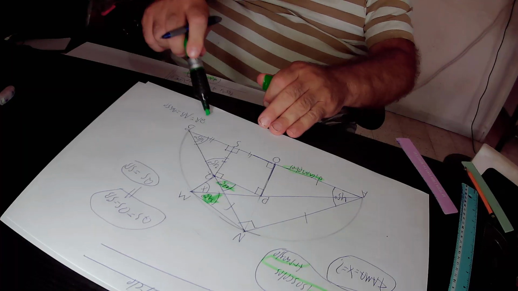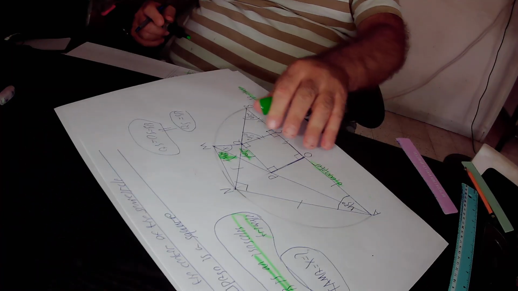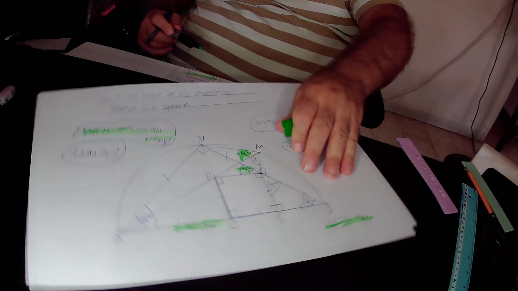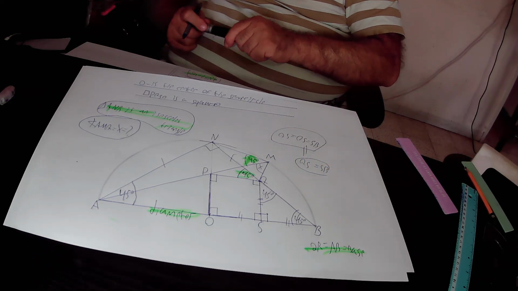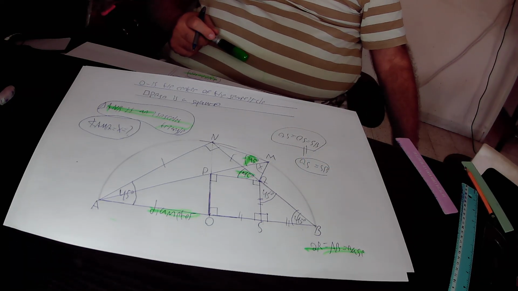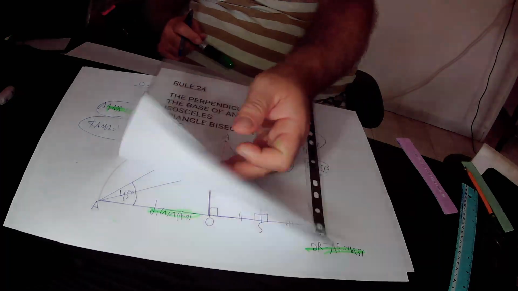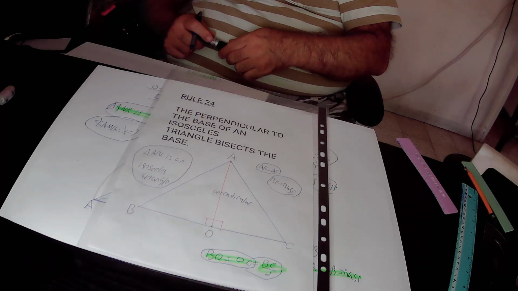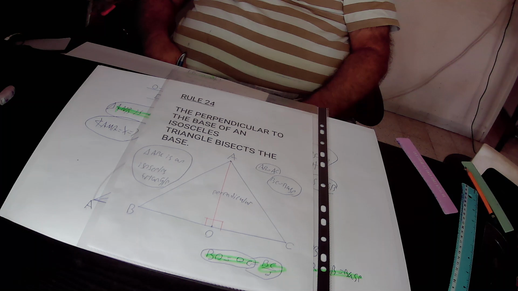Here we can implement rule 24. I'll repeat quickly on rule 24. According to rule 24, the perpendicular to the base of an associated triangle bisects the base.